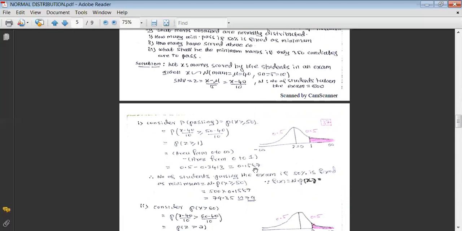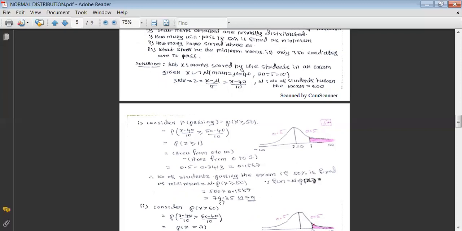But that is not our interest. Our interest is to know how many students are of such caliber. The number of students passing the exam if 50% is fixed as the minimum is given by capital N times the probability of that situation. Capital N means 500 students have taken the exam, and the probability of passing, that is the probability of X greater than or equal to 50, is 0.1587, which we have computed.